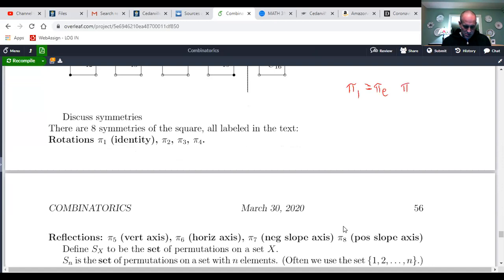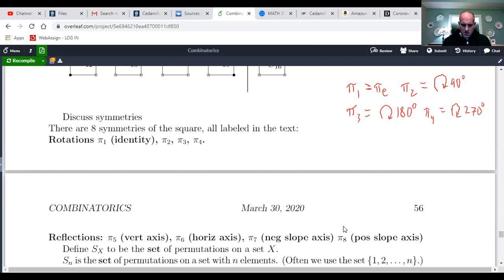Well, pi2 is equal to rotation by 90 degrees. What's pi3? That's rotation in the clockwise direction by 180 degrees. What about pi4? That's rotation by 270 degrees.